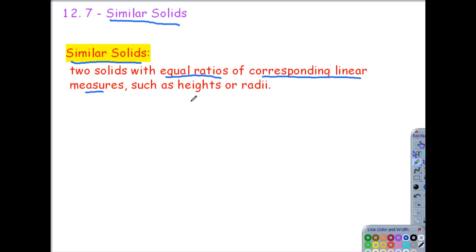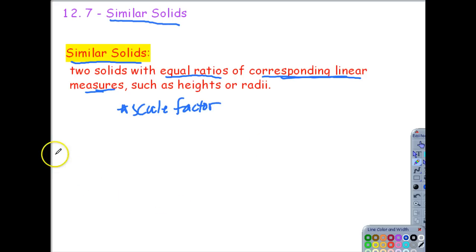The key is that corresponding linear measures are in equal ratio. We often call that the scale factor, so keep that in mind.